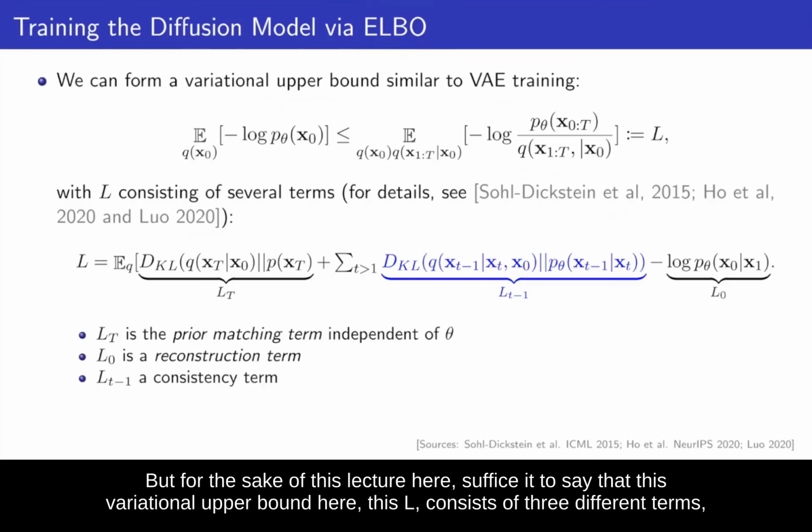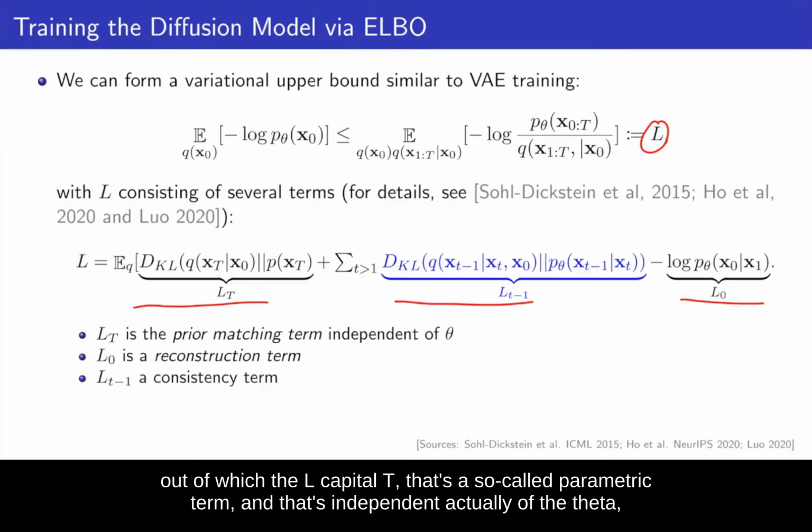But for the sake of this lecture, suffice it to say that this variational upper bound, this L, consists of 3 different terms, out of which the L capital T is a so-called prior matching term, and that's independent of the theta.